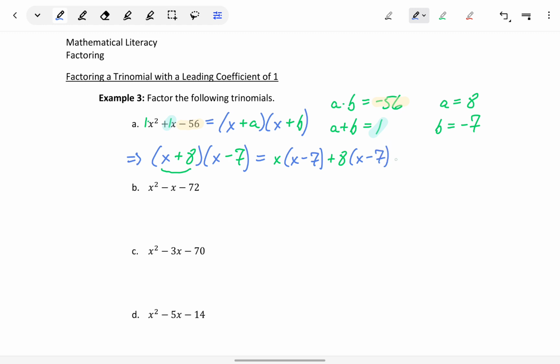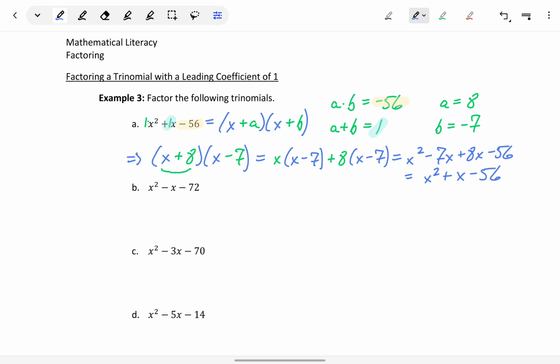Then distribute through and simplify to see what we end up with. So we'll end up with x squared minus 7x plus 8x minus 56. And then our two middle terms will combine, since they're like terms, to give us positive 1x, which is exactly the same thing as the original expression.